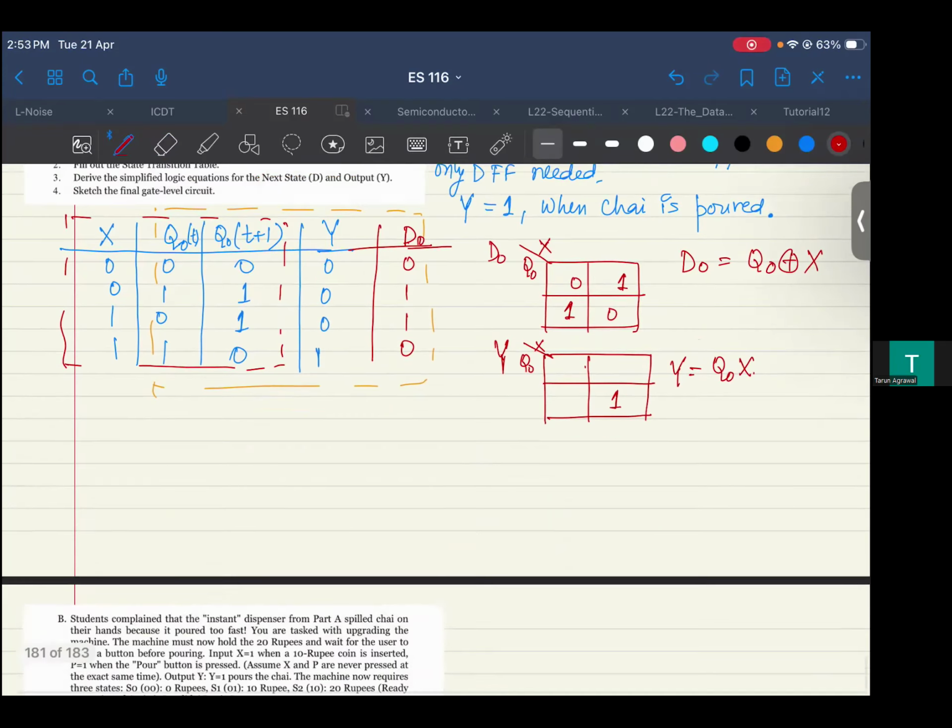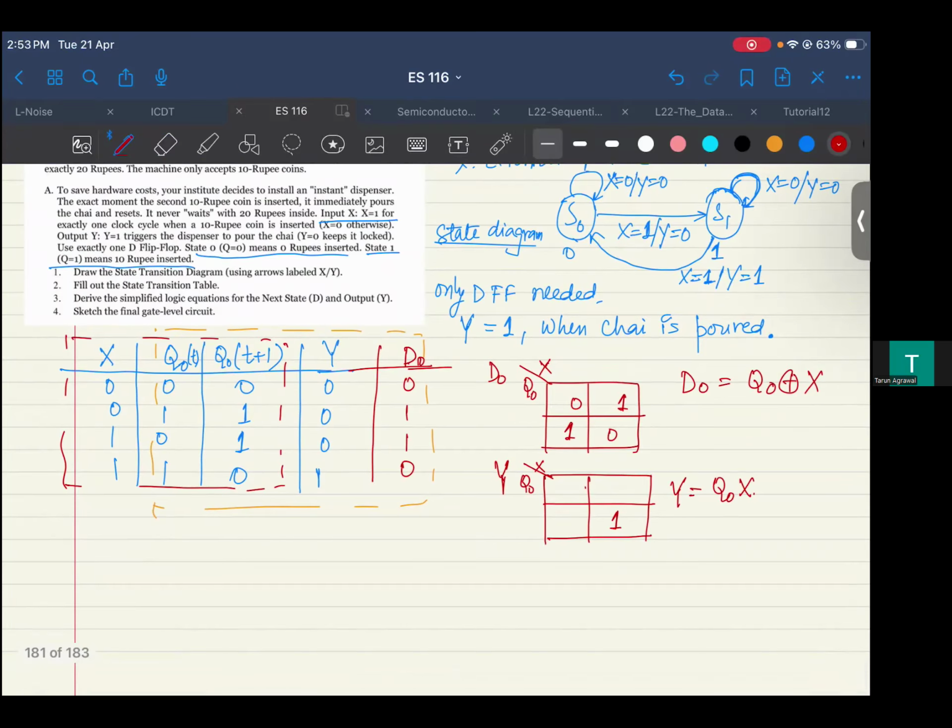Okay, so then one can implement the circuit using one D flip-flop. This is D naught, this is Q naught, this is Q naught bar, and this is the clock which we are feeding in. Now, for the implementation, there is an external input X, which is XORed with Q naught, and then this goes into D naught.